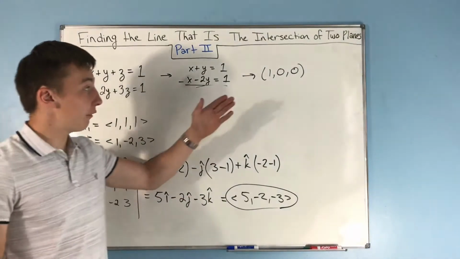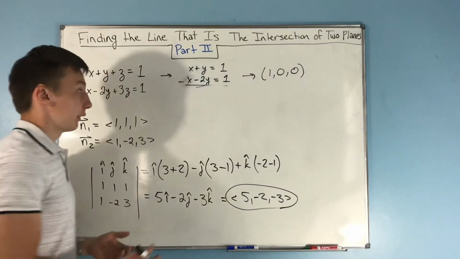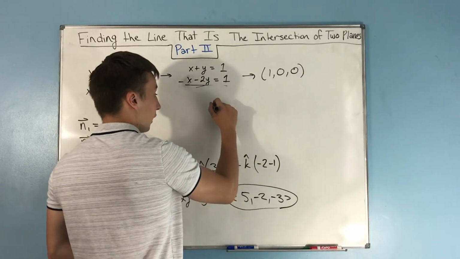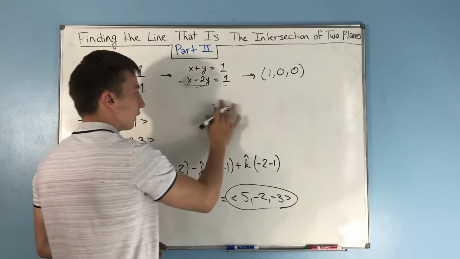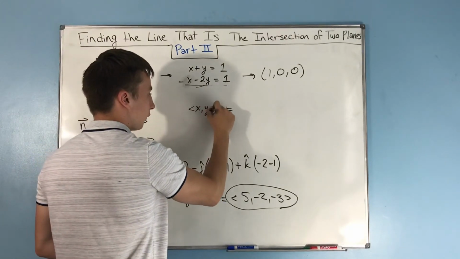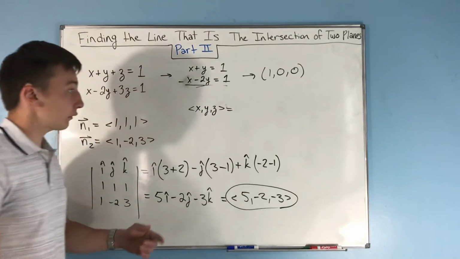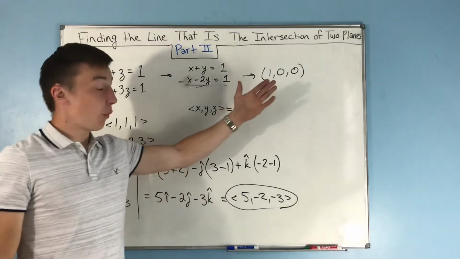So we now have the point and we have direction. We can do our equation. So that's going to be r equals, and I've also seen this written just as the vector x, y, z. That's equal to, well, what's the position vector for our point?